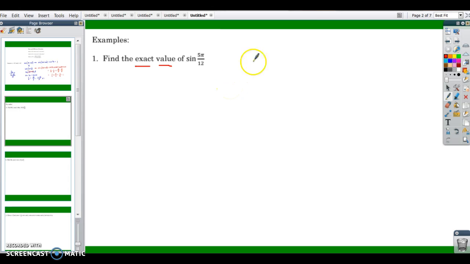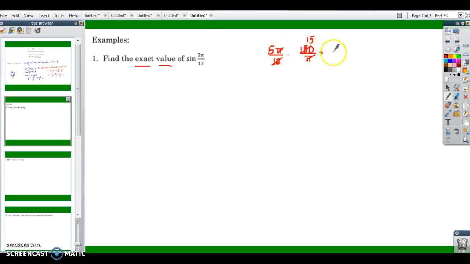So let me show you what I mean. If I convert 5 pi over 12 into degrees, I have a couple ways I can do that. I can just multiply by 180 over pi and convert that into degrees. 12 goes into 180 15 times, so that would be 15.